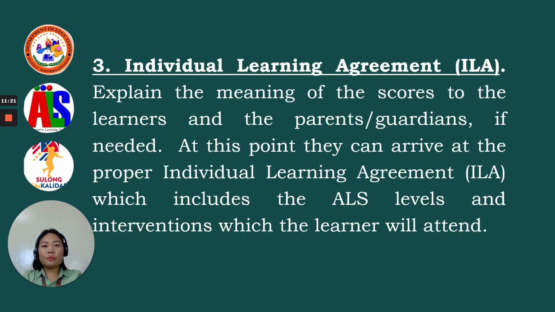After the competencies are presented, then we will guide the learner on making the individual learning agreement. So that's the process in trying to guide the learners on how to come up with the individual learning agreement.